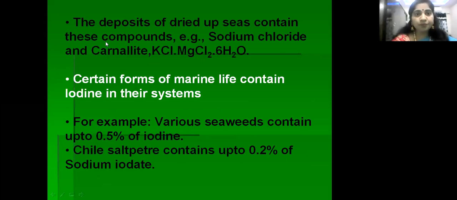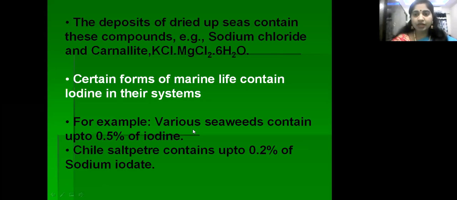Next, the deposits of dried up seas contain these compounds, for example sodium chloride and carnallite, that is potassium chloride, KCl·MgCl2·6H2O. Next, certain forms of marine life contain iodine in their system.